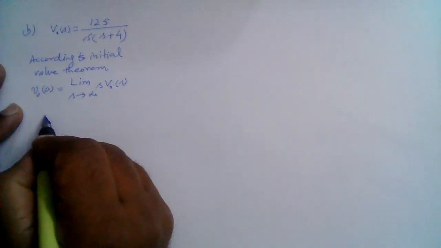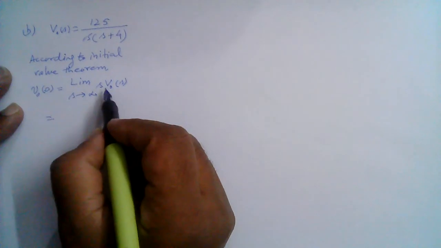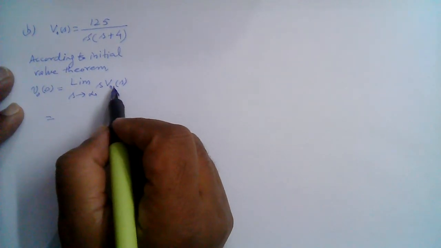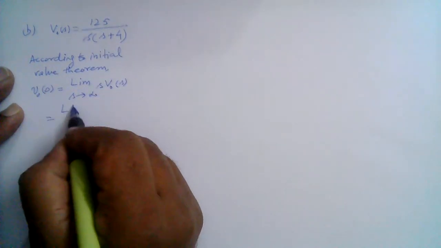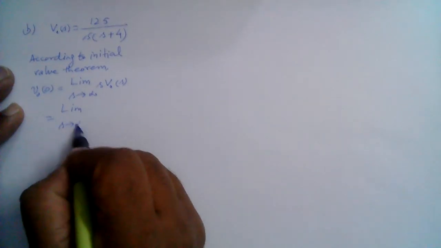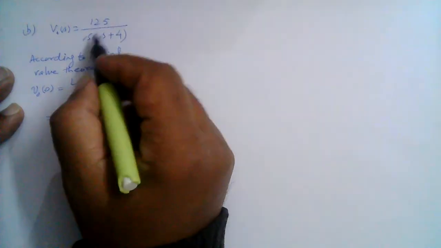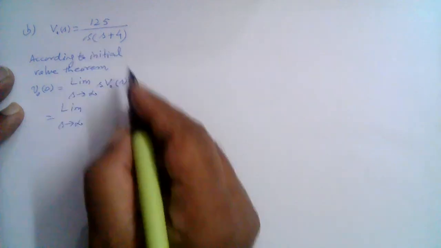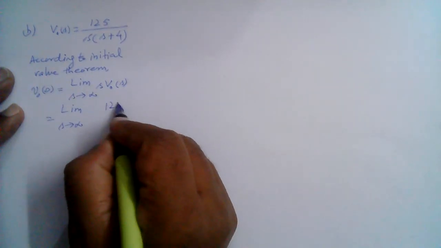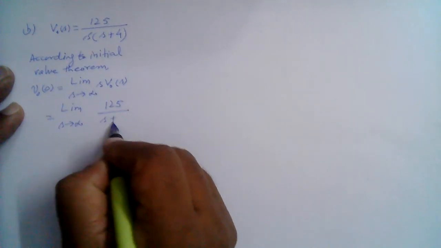So let's multiply this S with V naught S. This will leave us with limit S tends to infinity, where S will cancel this S here, leaving 125 over S plus 4.